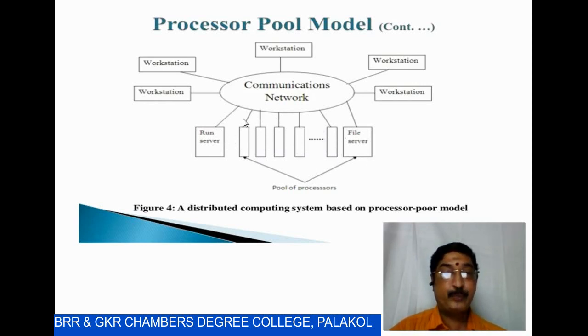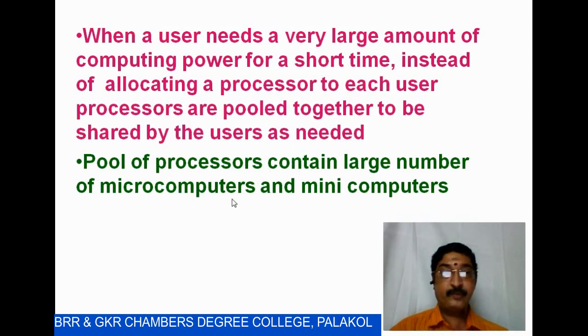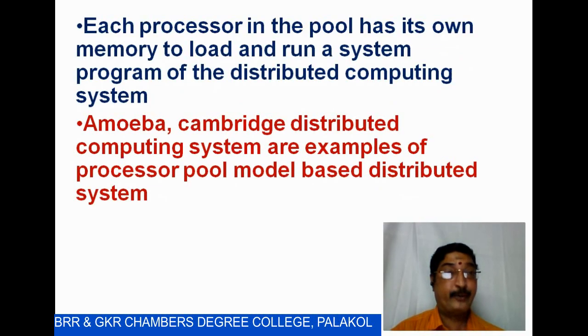So this is the processor pooling model. This pool of processors contains a large number of microcomputers and minicomputers. A number of microcomputers and minicomputers will be grouped, and that group can be called a pool. That pool may contain a number of microcomputers or a number of minicomputers or a combination of micro and minicomputers.